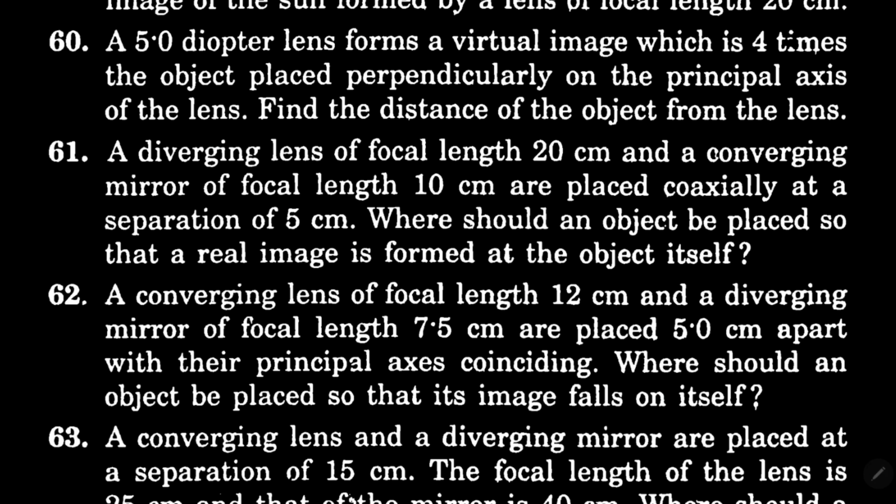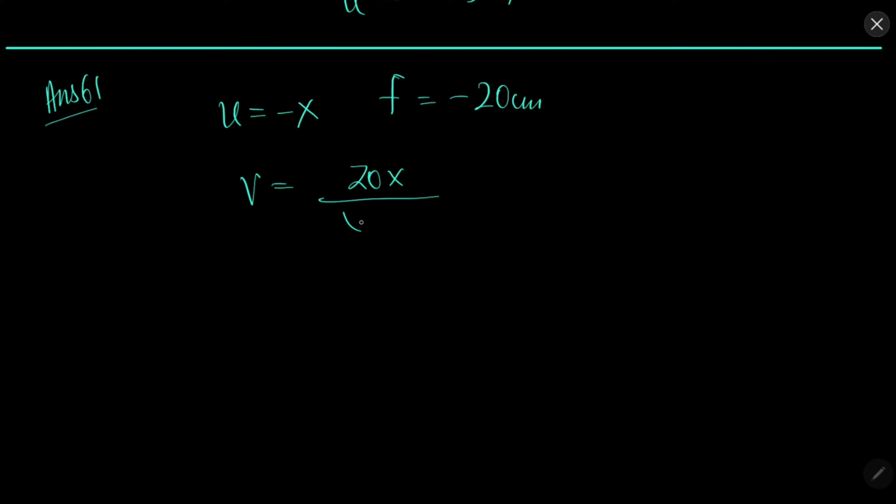In question 61, a diverging lens is given to us. Where should an object be placed so that a real image is formed at the object itself? Solution 61. u equals minus (x plus 20) centimeters. So v will come out to be 20/(x plus 20).